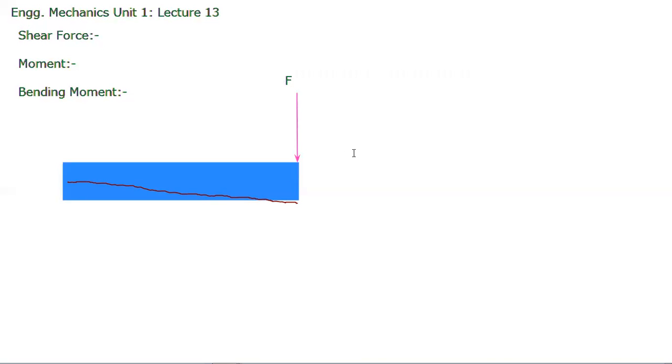There is a force F, and the member is having certain length, and it is trying to oppose the deflection.